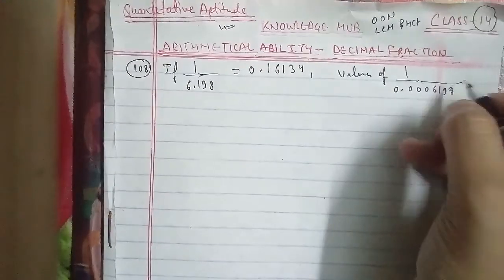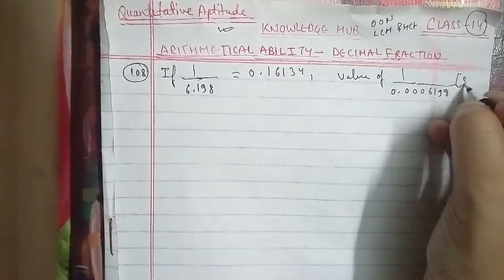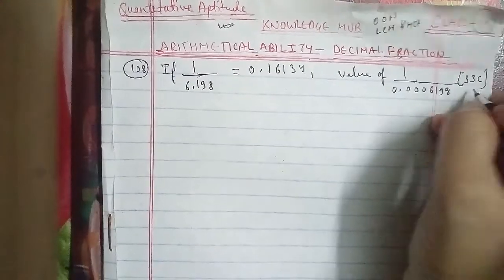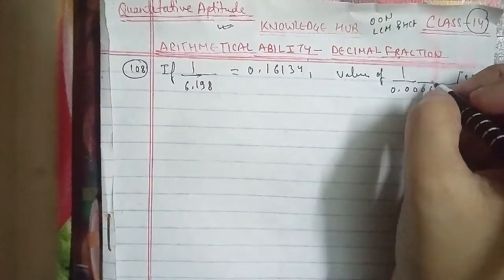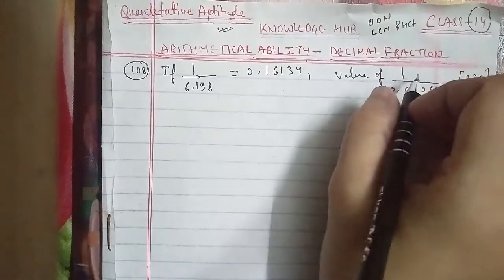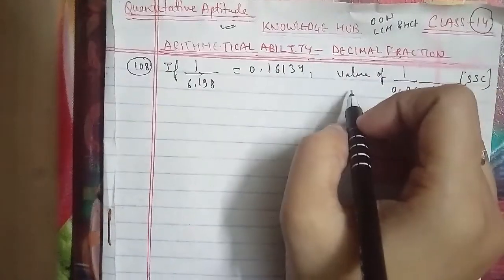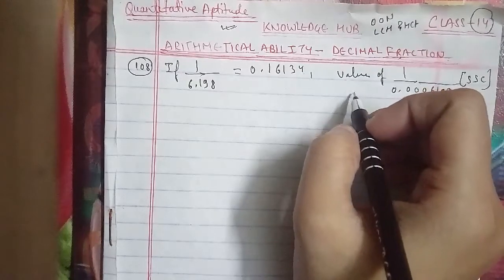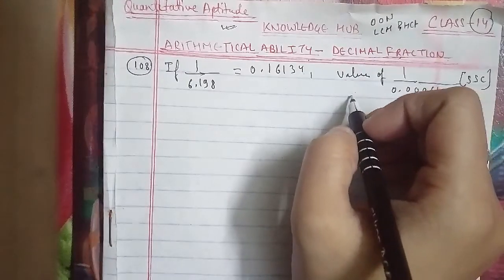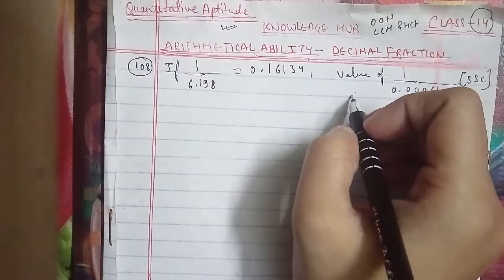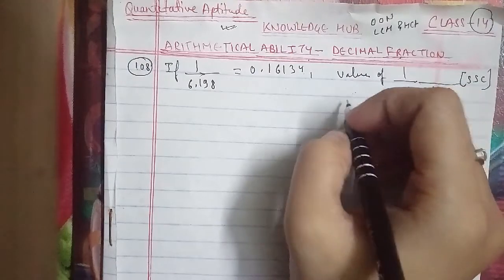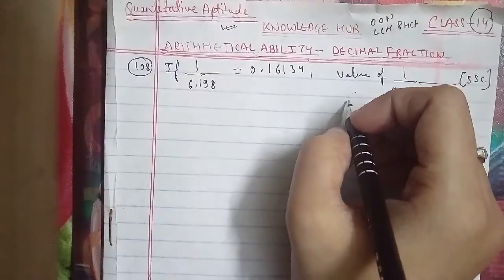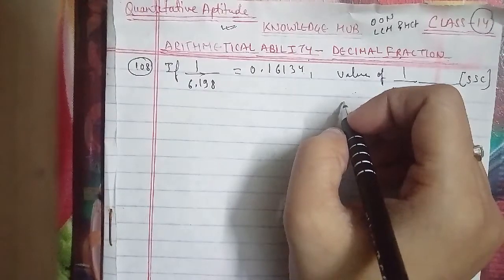This question was asked in an SSC examination paper, which is also an important paper for competition. The options are: A, 0.016134; B, 0.16134; C, 1613.4; and D, 16134.